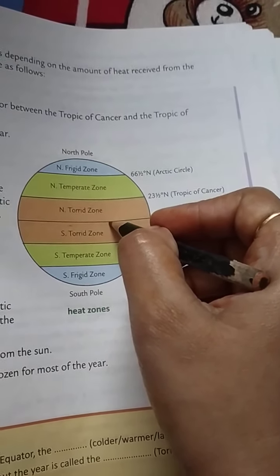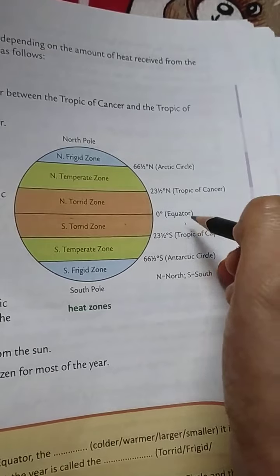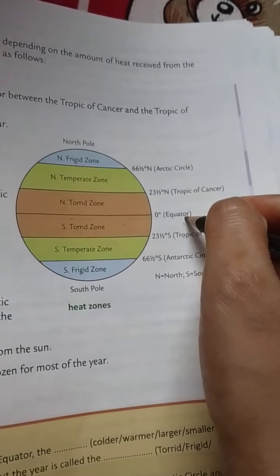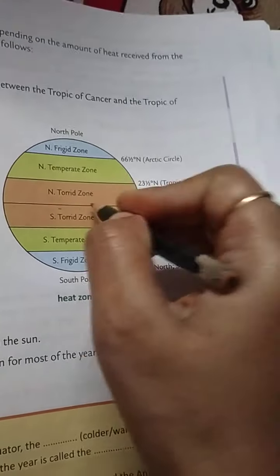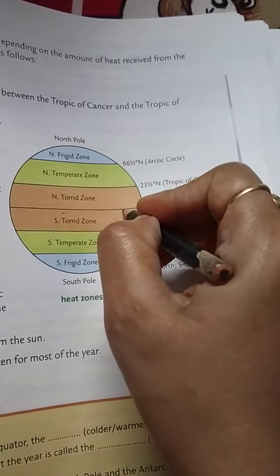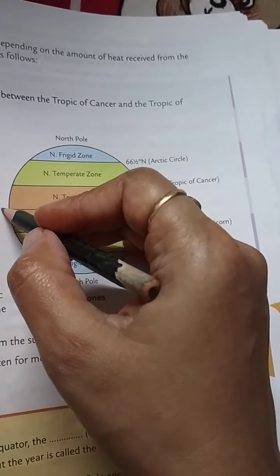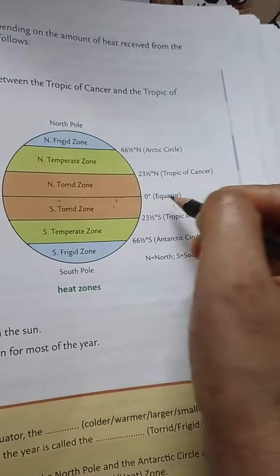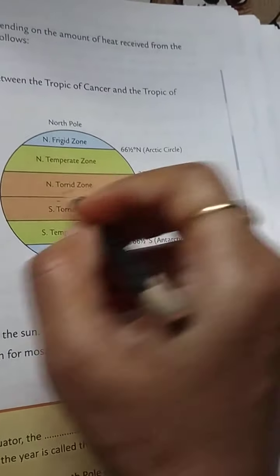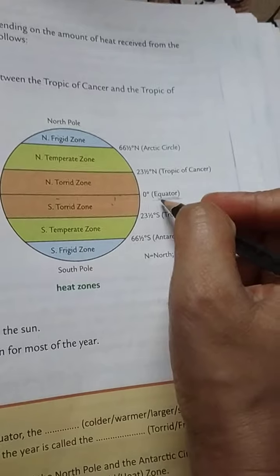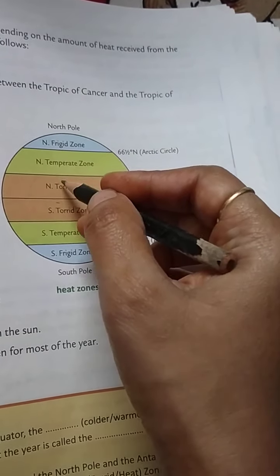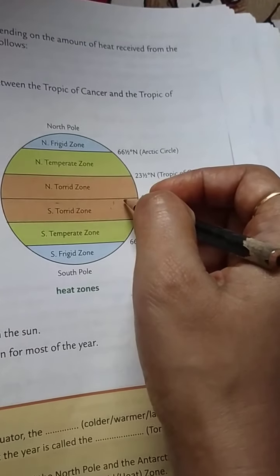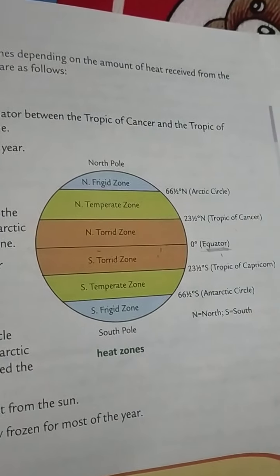This region is hot throughout the year because the sun rays fall directly on the equator.